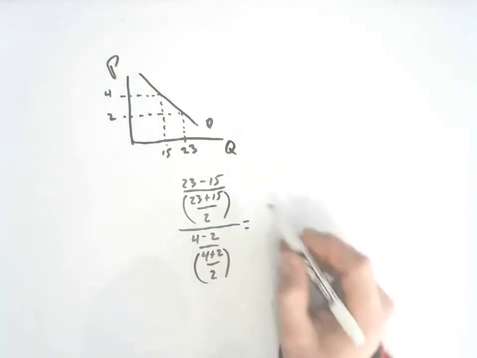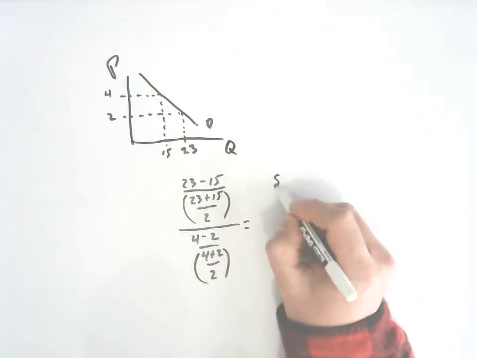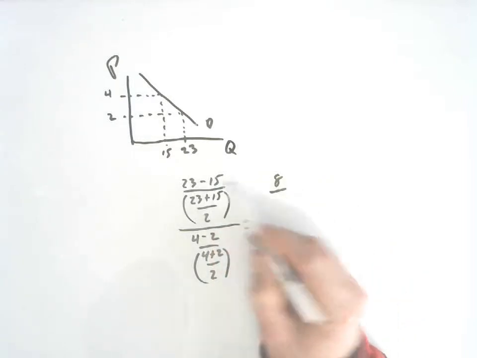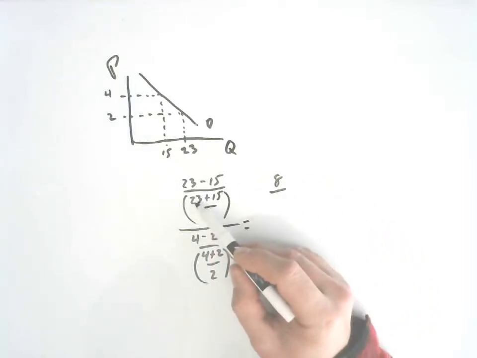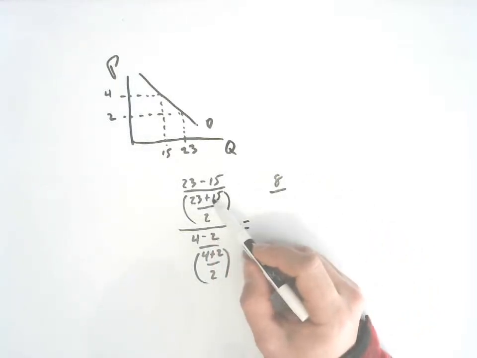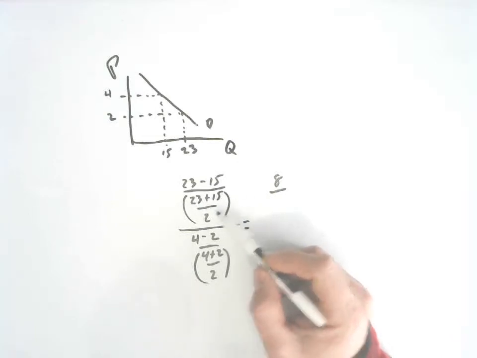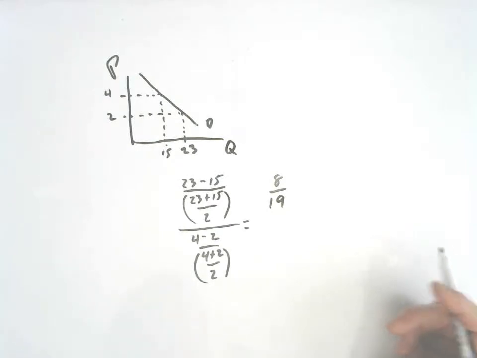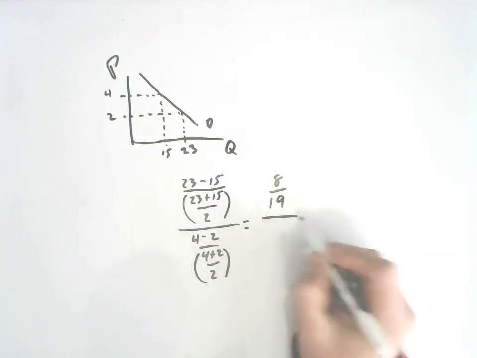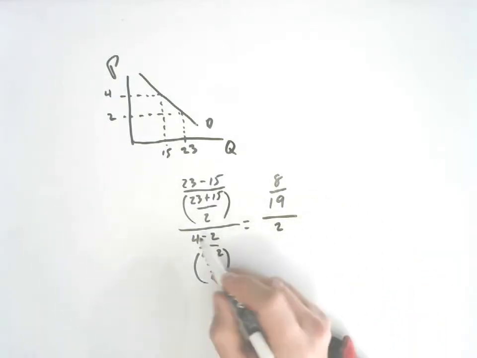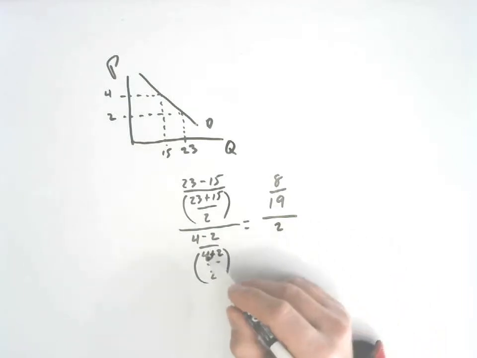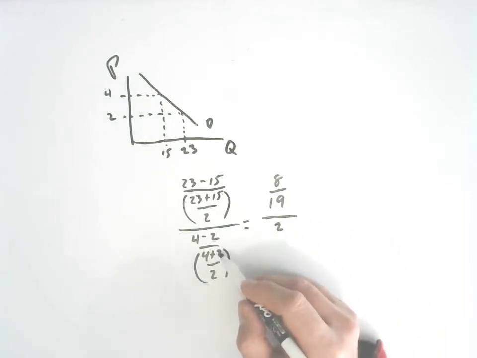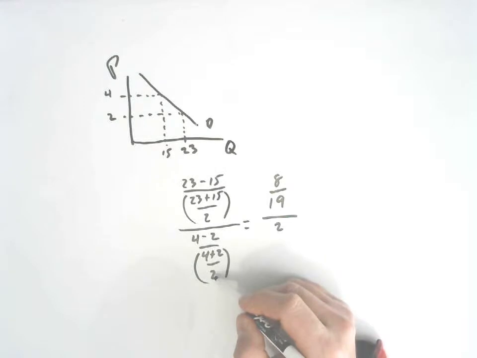This equals 8, since 23 minus 15 is 8, divided by 23 plus 15, which is 38, divided by 2, that would be 19. Divide that by 2, since 4 minus 2 is 2, divided by 4 plus 2, which is 6, divided by 2, which is 3.